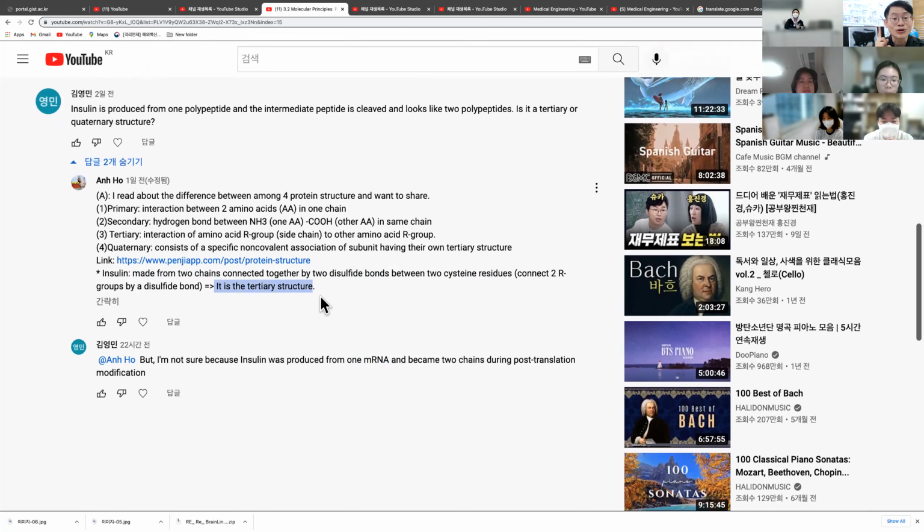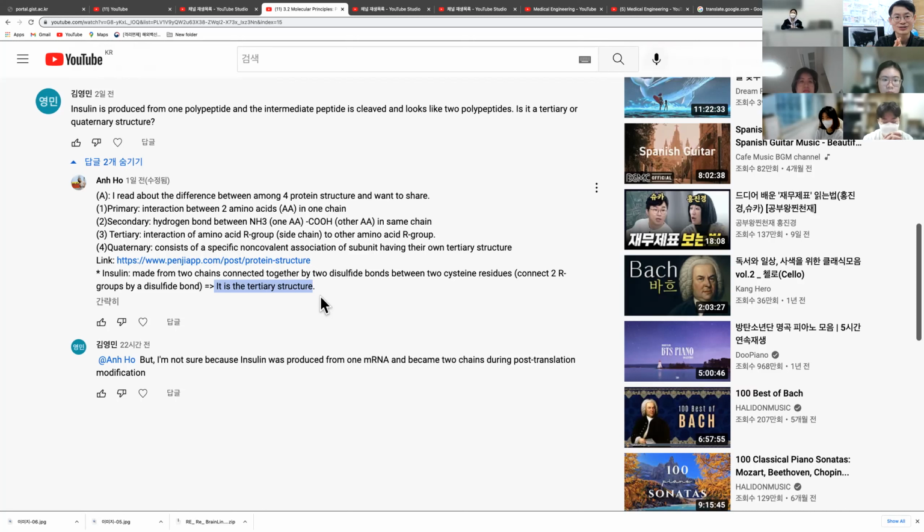But Anho, here's a question for you. You guys probably know, for example, the hemoglobin molecule. There are one, two, three, four subunits. How do they connect to each other? So the answer is disulfide bond, right? S to S, right?